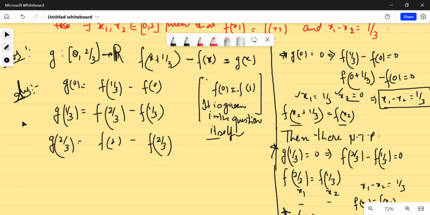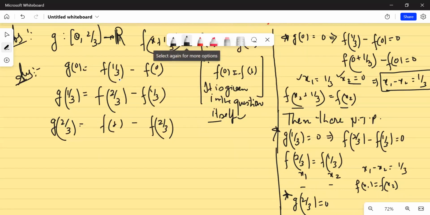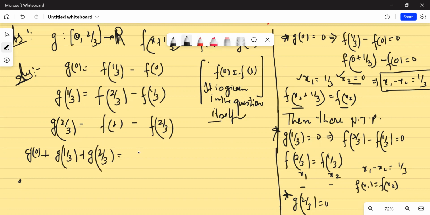Yes. Okay, good enough. See, now, surprisingly, you'll find that if I add all these things, so g of 0 plus g of 1 by 3 plus g of 2 by 3, what it would be? It would be equal to f1 minus f0, right? And I know that f1 and f0 are equal, so I'll write them as 0.